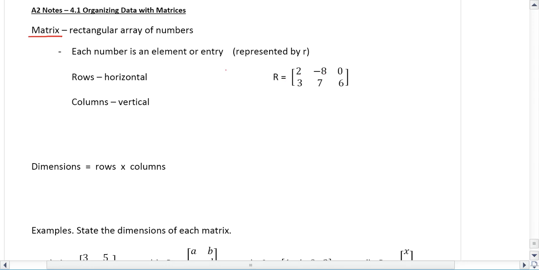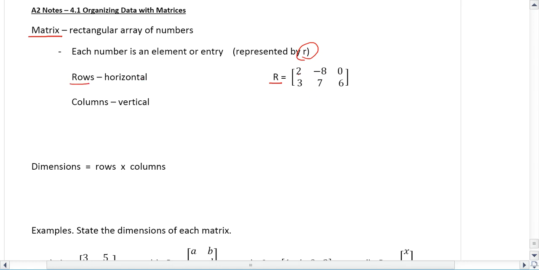And you'll notice that when we give a matrix a name, we use a capital letter to name the matrix, which is what we will do when we're entering them on our calculator also. And then the small letter r is used to indicate each element. And we will learn how to distinguish between those elements in just a moment.